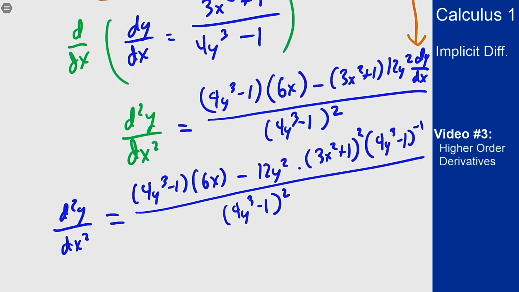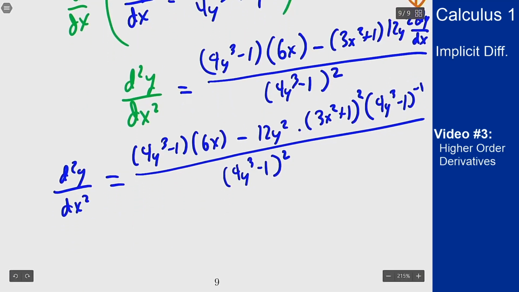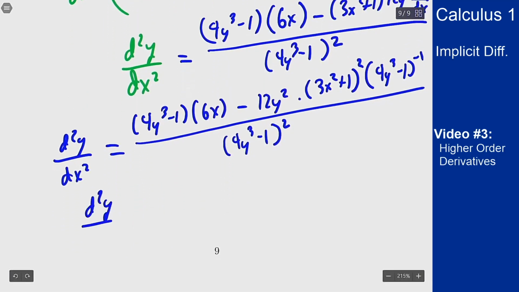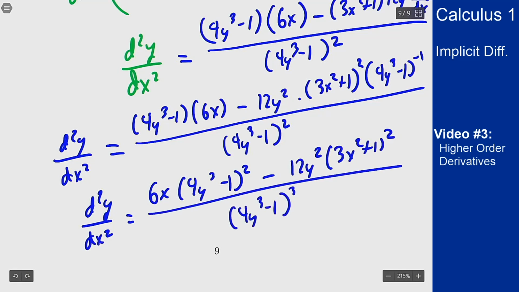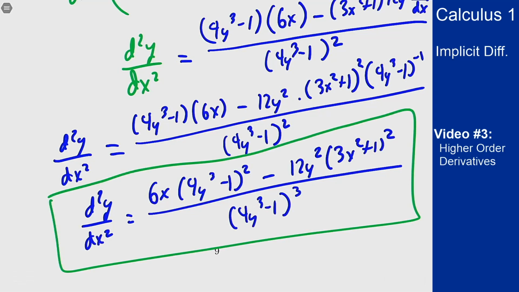I could also get rid of this minus 1 by moving it to the bottom and rewrite this as d squared y dx squared equals 6x times 4y cubed minus 1 squared, minus 12y squared times 3x squared plus 1 squared, over 4y cubed minus 1 cubed. And that gives the expression for the second derivative here in terms of x and y.